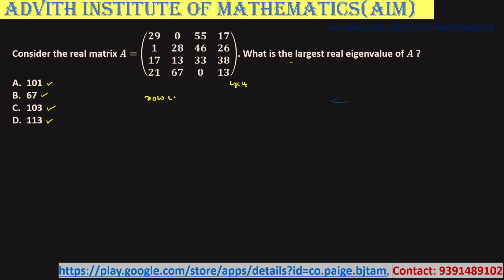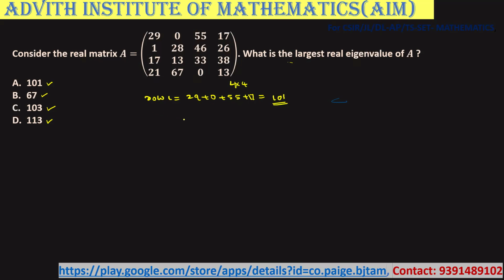Sum of row 1: 29 plus 0 plus 55 plus 17, which is equal to 101.